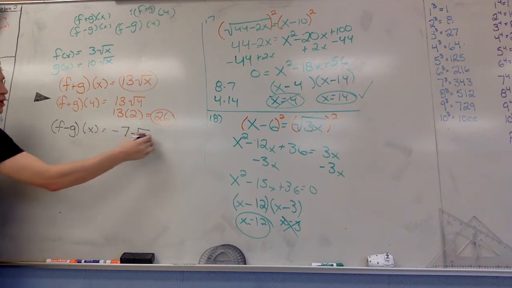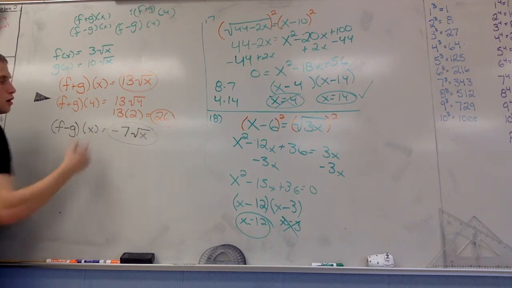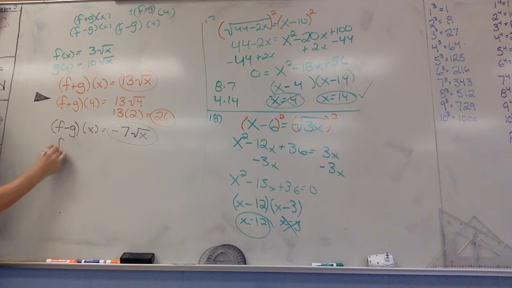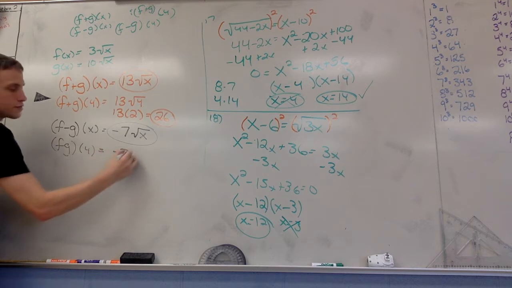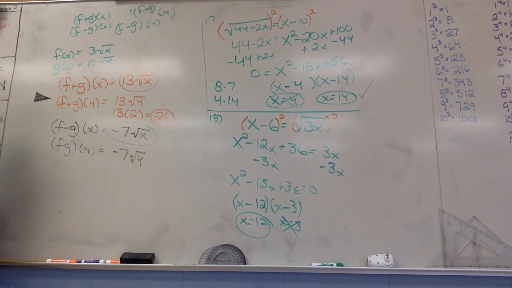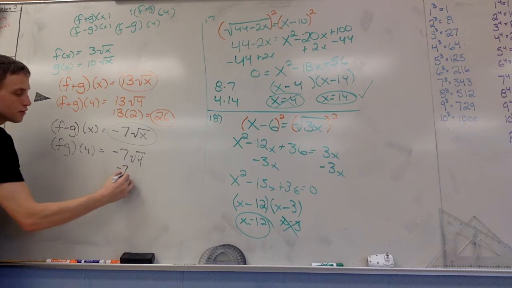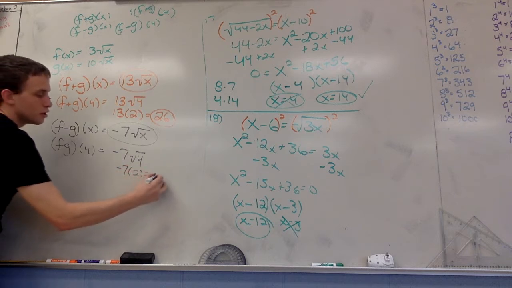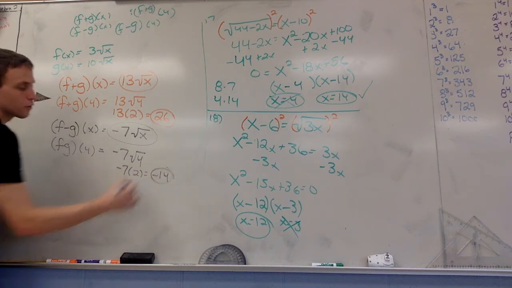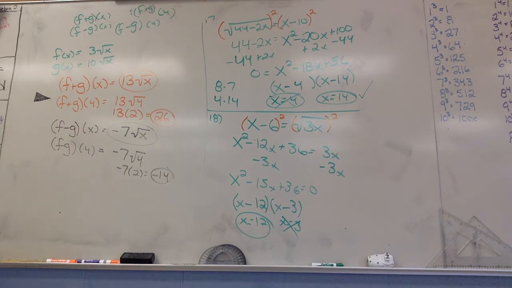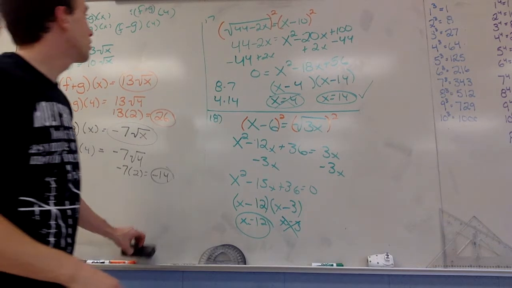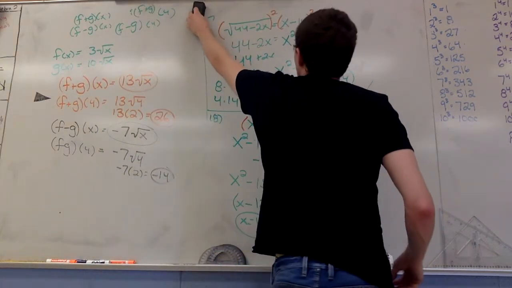Now, after that, we have to plug in 4. F minus g of 4 is negative 7 times the square root of 4. What's the square root of 4? So that's negative 7 times 2, which is negative 14. Okay. So that's that first one. That's number 19.